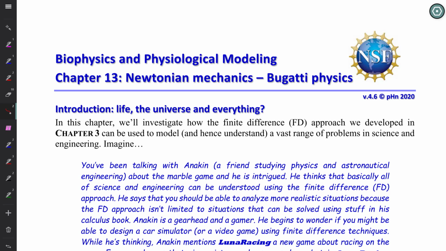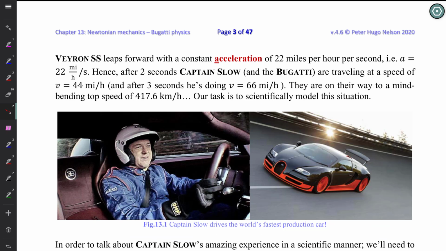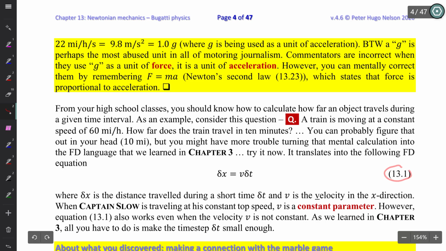Chapter 13 outlines how the finite difference approach that students have learned can be applied to standard Newtonian physics, using a problem-based approach to modeling the acceleration of the world's fastest car. Equation 13.1 shows how a small change in position can be predicted knowing the velocity for a small time step.